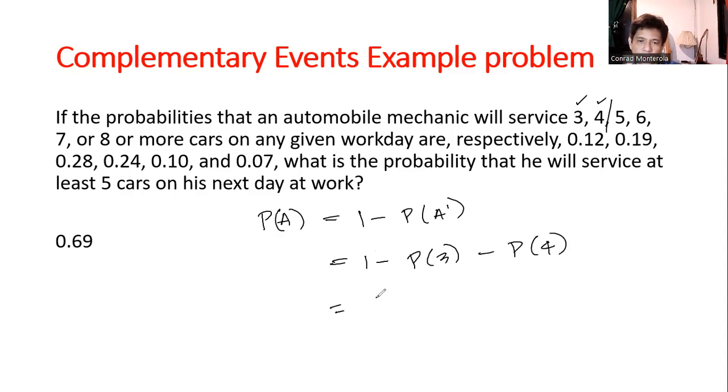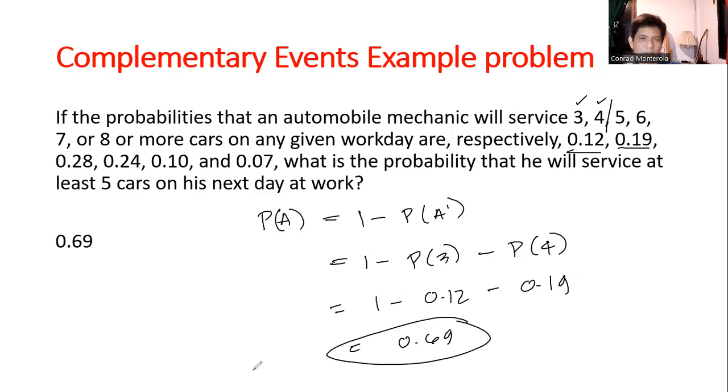So just substitute the values from the problem. Probability of 3, ito yon, 0.12. Tapos probability of 4, 0.19. So kaya nyo na itong i-mental. This is 0.31. Ano? So 1 minus 0.31 is 0.69. This is one application of the complementary event statement.